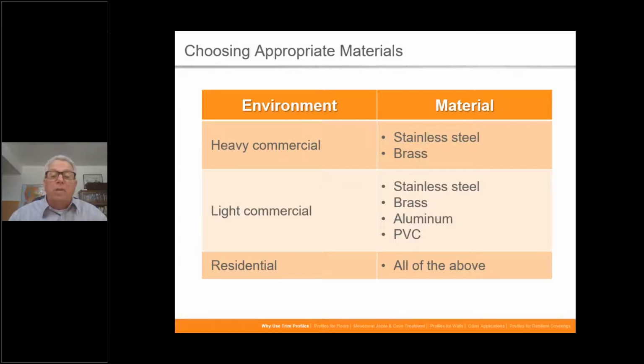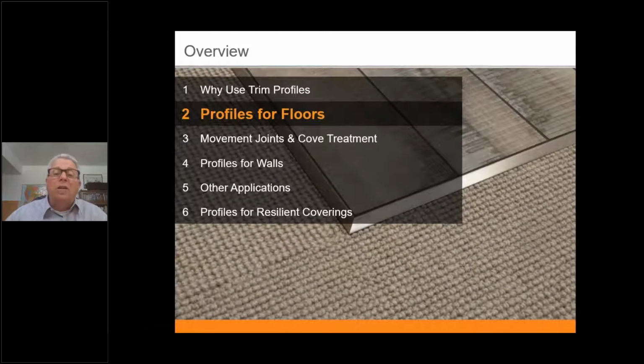If you're going to light commercial, of course, you could use stainless steel and brass there, but now you can start introducing some aluminum and even some PVC on the walls and countertops. Residential, of course, you could use everything that they're available in. So let's take a look at some of the profiles for floors.